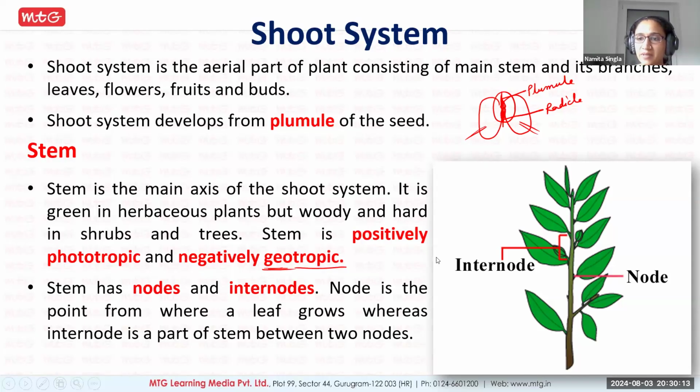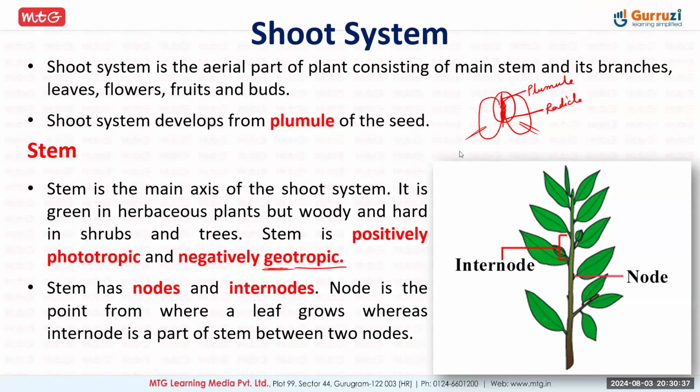Because the stem always goes away from the earth, the stem shows a negative response towards the earth because it is growing away from the earth, towards the sunlight, away from the soil. So we say that the stem grows negatively geotropic. Stem shows negative geotropism towards the gravity. Clear?